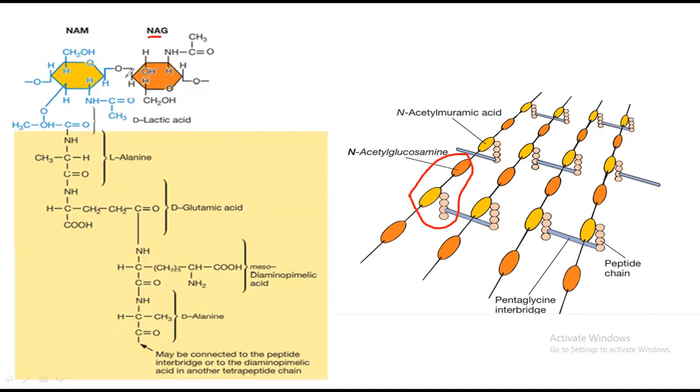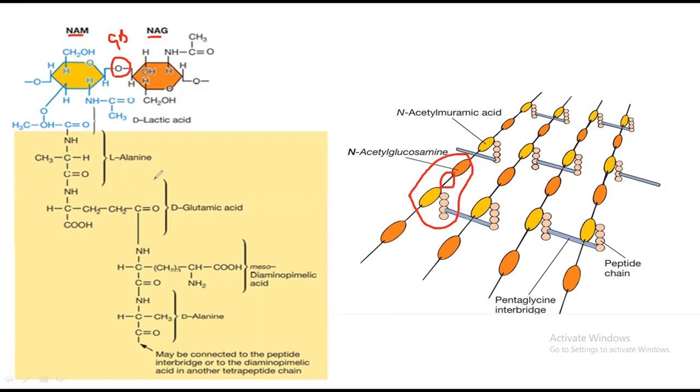After that, it is bound to the N-acetyl muramic acid, this yellow in color, by a glycosidic bond. If I write GB, glycosidic bond.